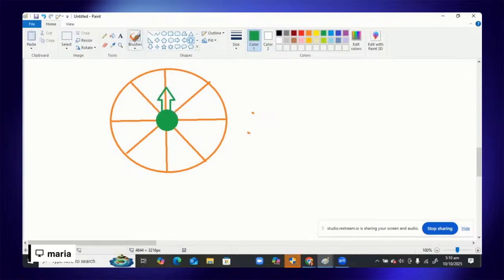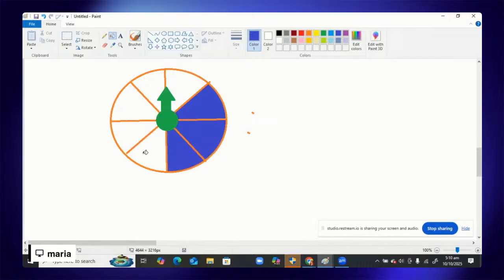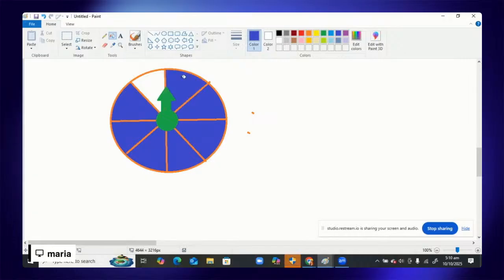We just represent it this way. So here is the arrow of the spinner, and here are some different colors. I'm going to put two colors here. One color is blue, and there is only one color of white. So can you guys tell me what is the probability of blue color?